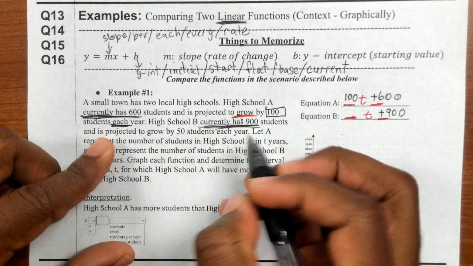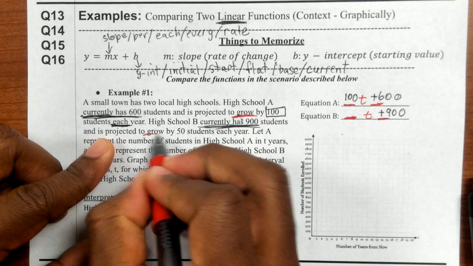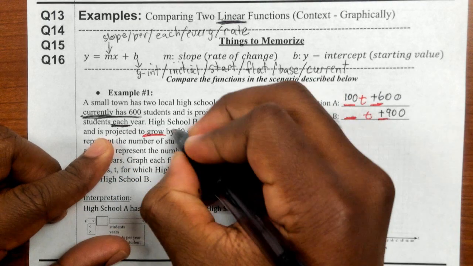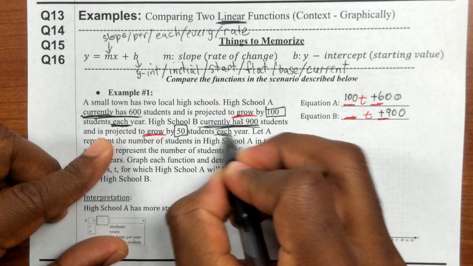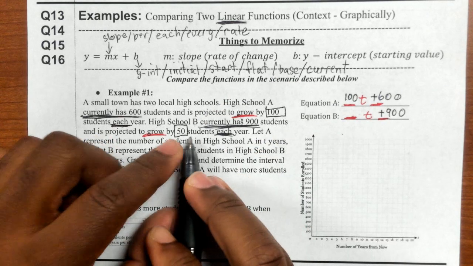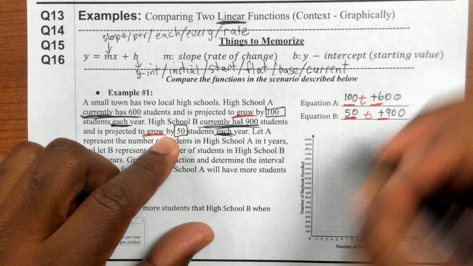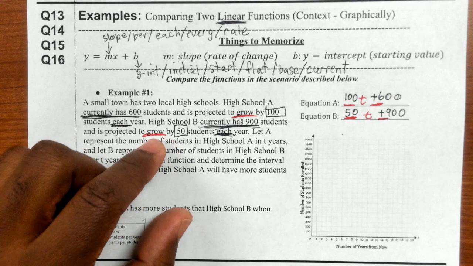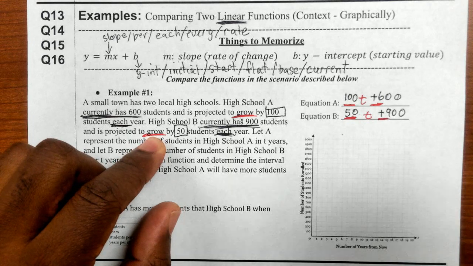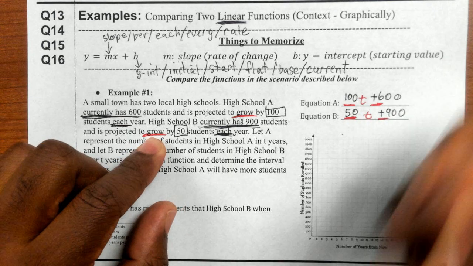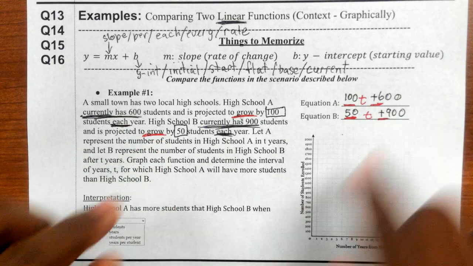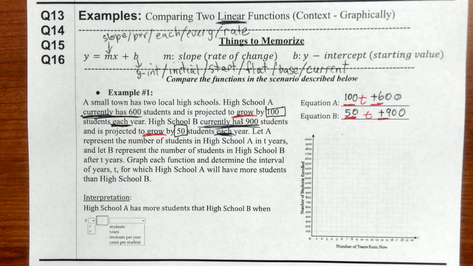Then it grows by 50 students each year. That each means the 50 will be my slope. And will my slope be positive or negative? Well, the word grow means I'm getting bigger, so my slope will be positive. So now I have my two equations.